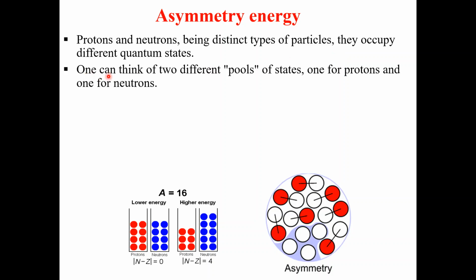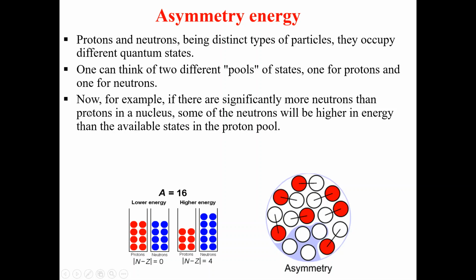So one can think of two different pools of states, one for the protons and one for the neutrons. For example, if there are significantly more neutrons than protons in a nucleus, some of the neutrons will be higher in energy than the available states the protons fall into.